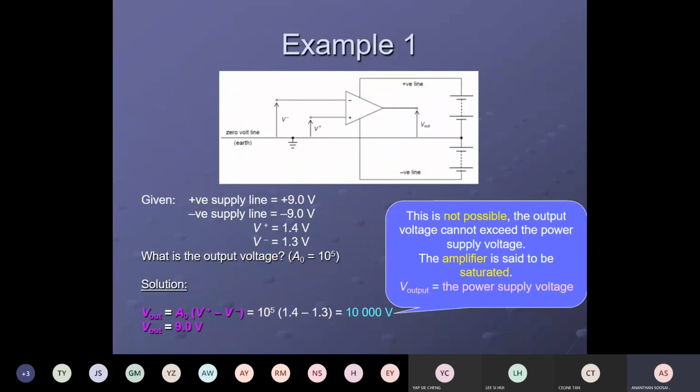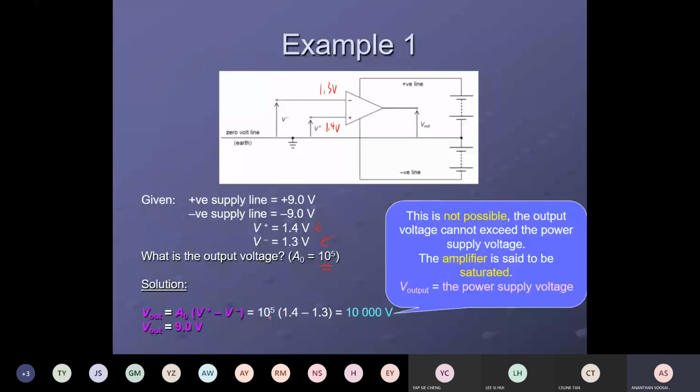Next, one example. You see this circuit. The V positive given is 1.4 volt, V negative is 1.3 volt. The gain is 10 to the power of 5. The operational amplifier will use this formula: V out equals A naught times (V plus minus V minus).